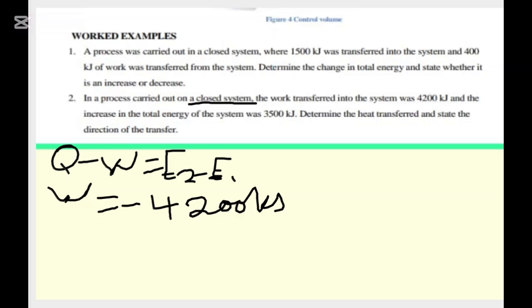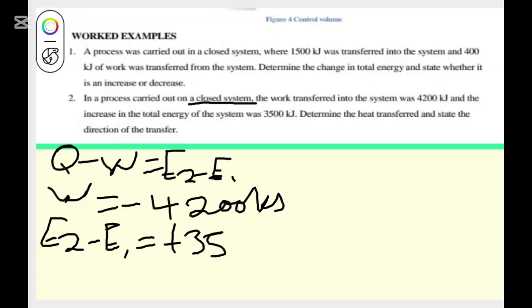The reason I put this negative is that the work done is on the system, and therefore the increase in energy, E2 minus E1, is positive 3500 kilojoule, which is the increase in total energy.